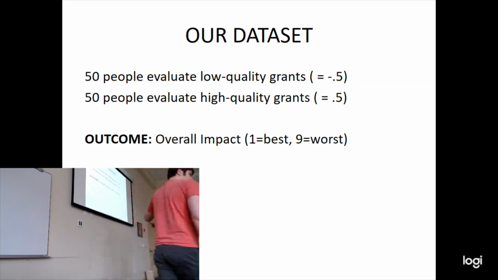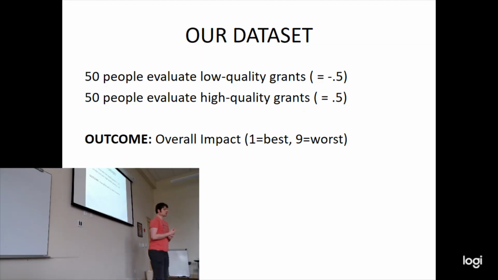So before we get into the meat of this unit, I want to go back to a hypothetical that we've worked with for a long time. This data set of people evaluating grant applications. Their evaluations are on 1 to 9 scales. And the scale is a little bit weird in that lower scores are better.